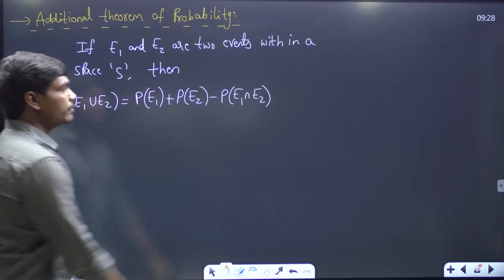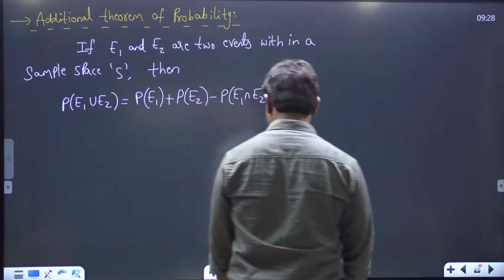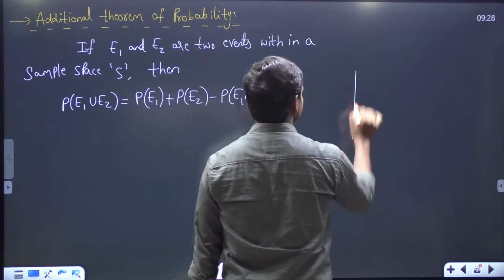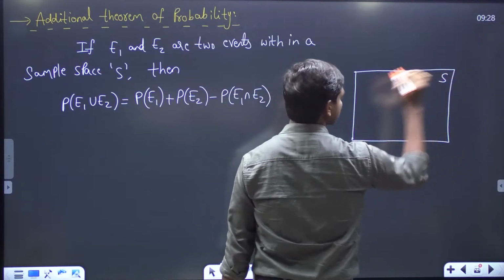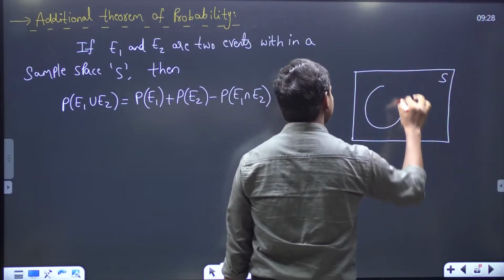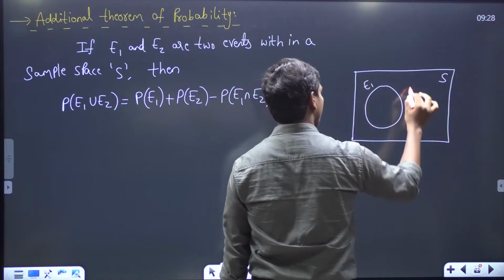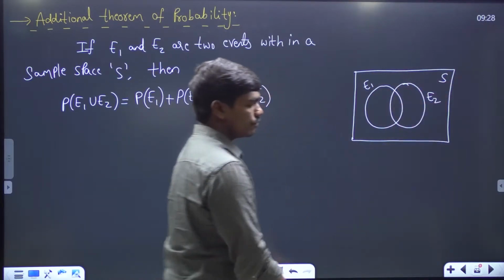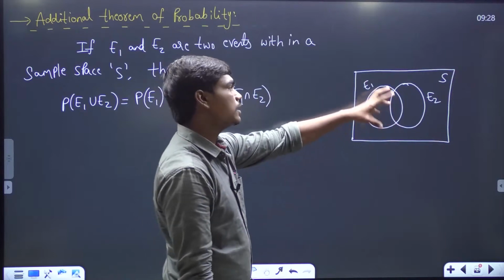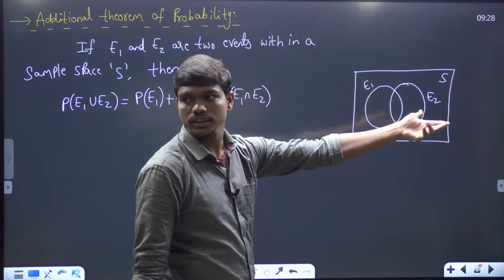So this is the case, which means, see here carefully, if you take a sample space, and if this is event E1 and if this is event E2, you know events are subsets of the sample space and these two events can have some common intersection as well, no problem.